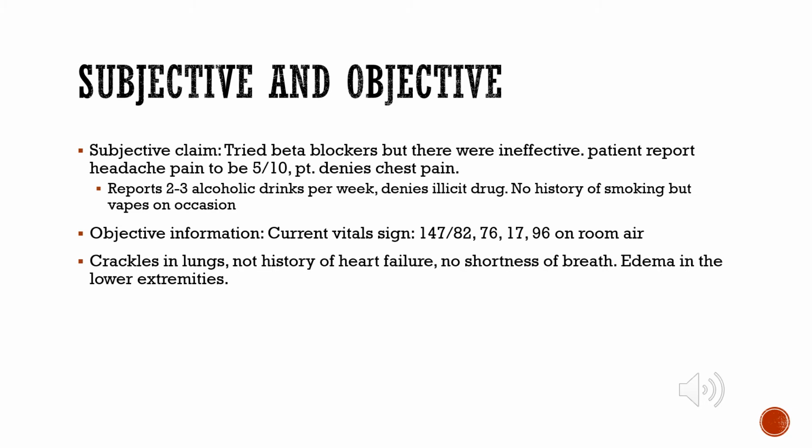And the objective report based on my assessment include his current blood pressure of 147 over 82, heart rate of 76, respiratory rate of 17, and 96 percent on room air for oxygen. He has crackles in his lungs, no history of heart failure, no shortness of breath, and he does present with edema in his lower extremities.